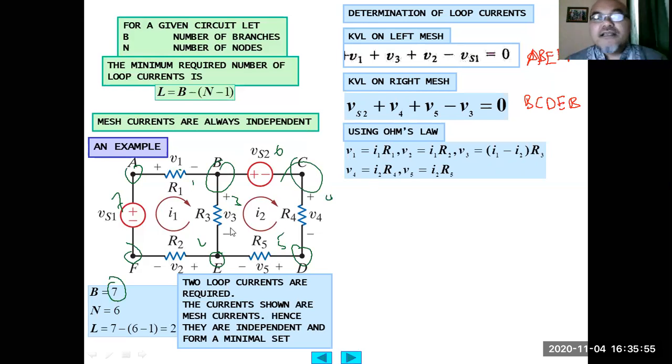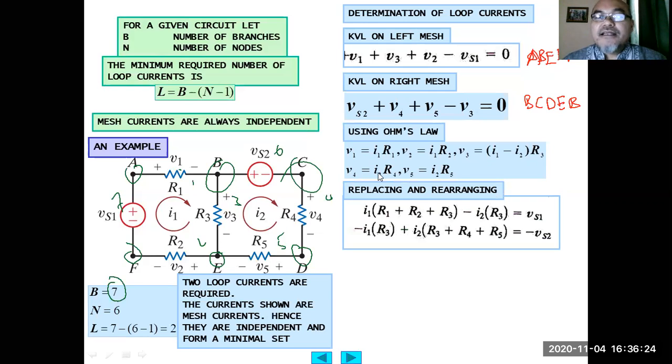Remember, in resistor 3 two loop currents flow, I1 from B to E and I2 from E to B. So the resulting current through R3 is I1 minus I2, multiplied by R3. V4 equals I2 R4 and V5 equals I2 R5.